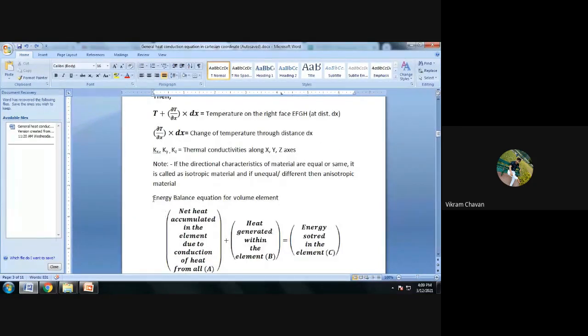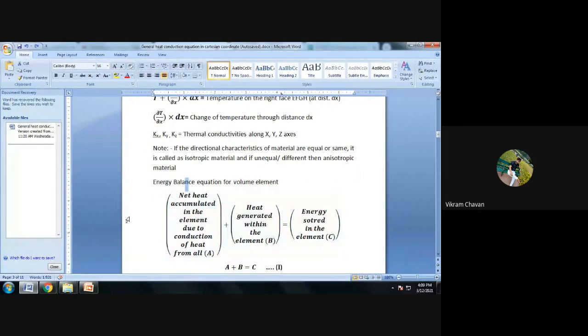Further, we have discussed the energy balance equation. For the particular volume element, we have to consider the energy balance equation, which consists of three parts. One part is the net heat accumulated in the element due to conduction of heat from all sides.